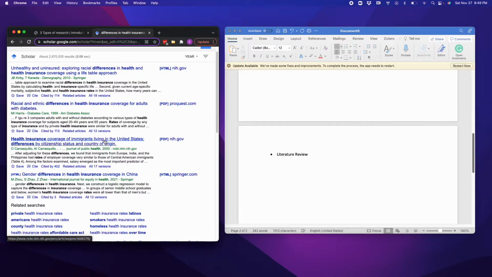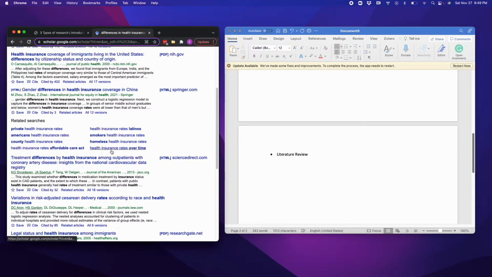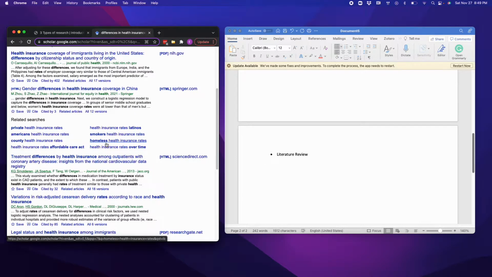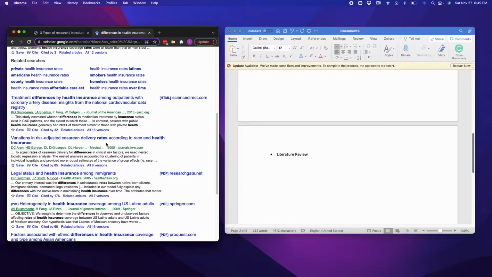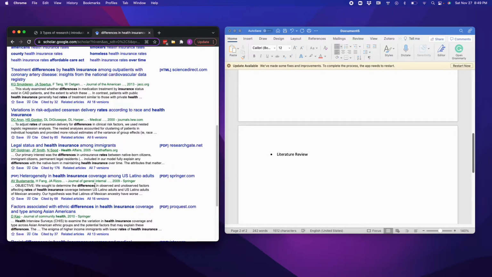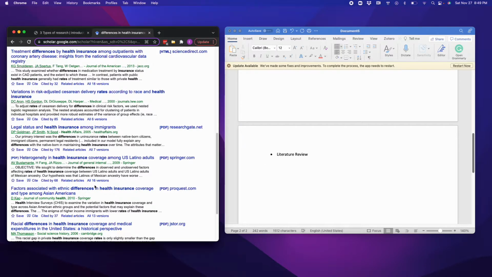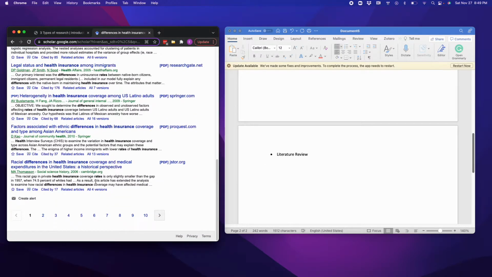If there are differences across racial groups, or differences about citizenship, that begins to build information about what we know about differences for health insurance rates. Legal status, which is similar to citizenship, ethnic differences. I could open some of these and read them.